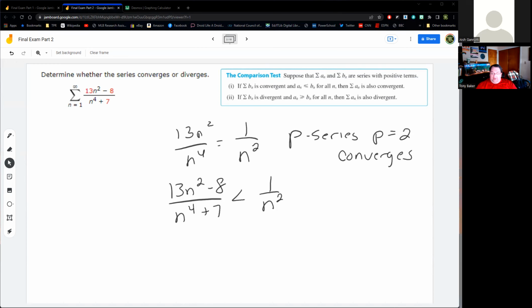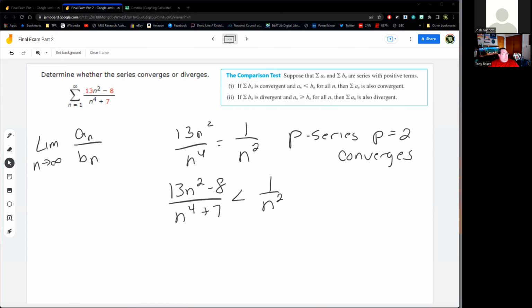So remember the limit comparison test was a to the n over b to the n, the limit of that. If that goes to a value, then it was convergent.